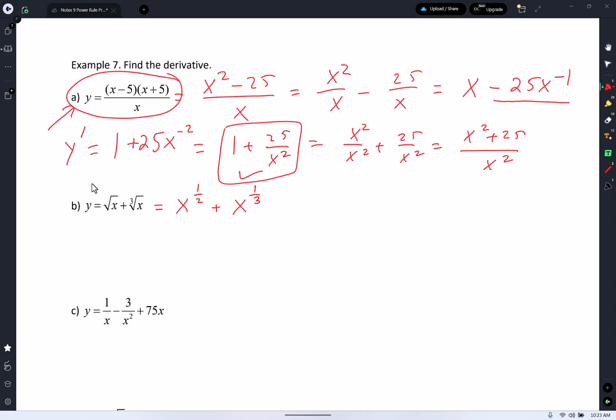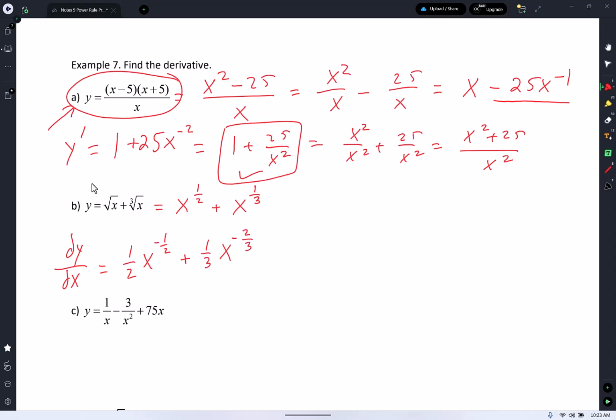All right. Next line, write y prime or dy/dx. I'm taking the derivative of y with respect to x. Give me the first one. 1/2 x to the negative 1/2. Okay, go to the next one. Plus 1/3 x to the negative 2/3.